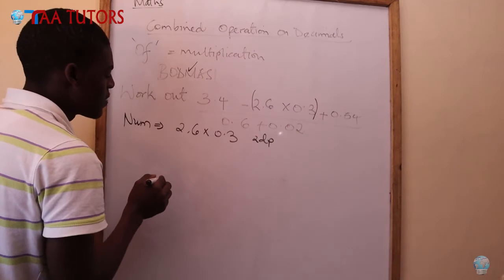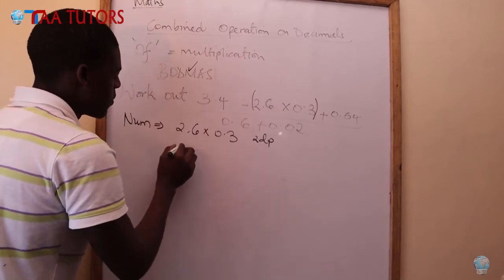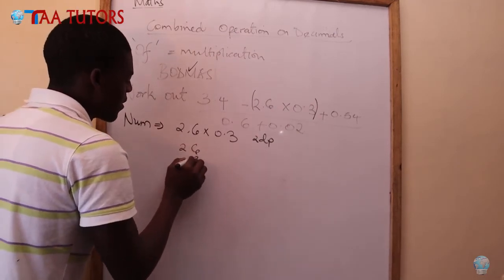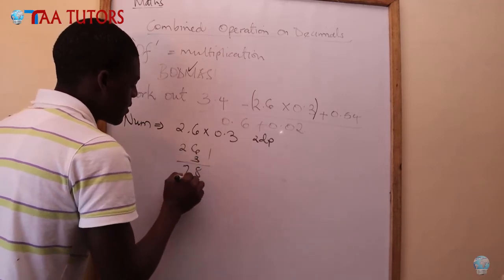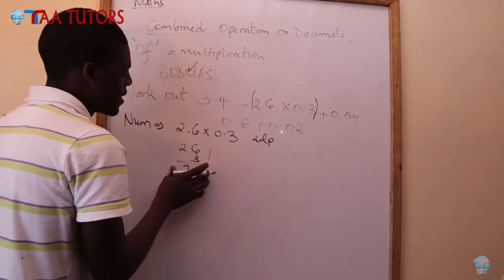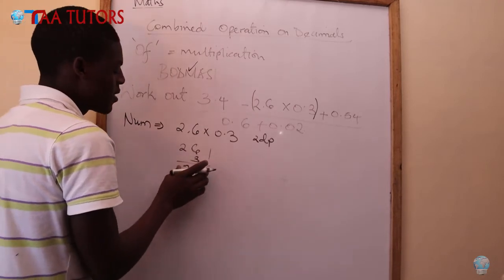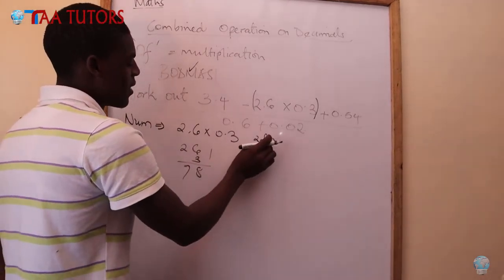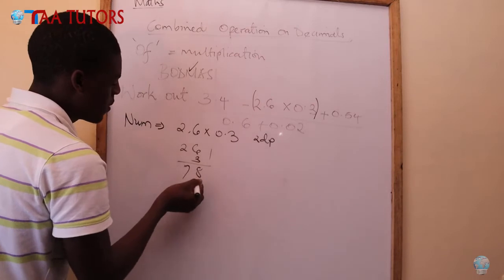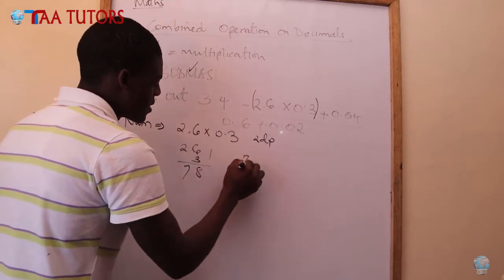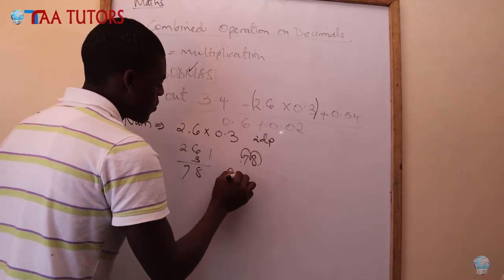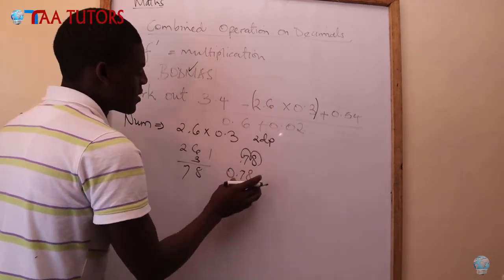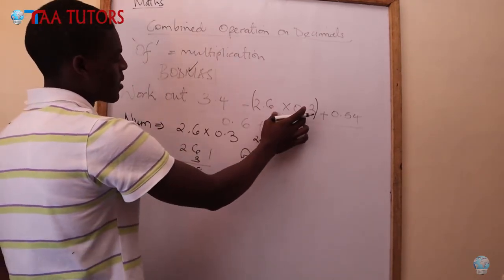Then whatever we do, we multiply as all numbers. We have 26 by 3, 18, 7. We have 78. Then after doing this, we now insert back the number of decimal places. So when we have 78 with 2 decimal places, we will move them that way so that we have 0.78 as our answer of this multiplication.